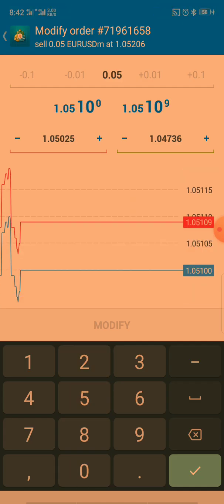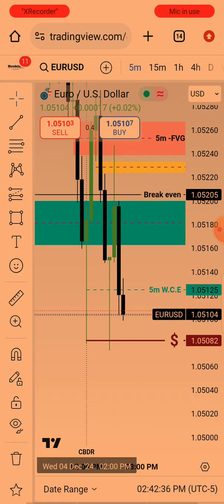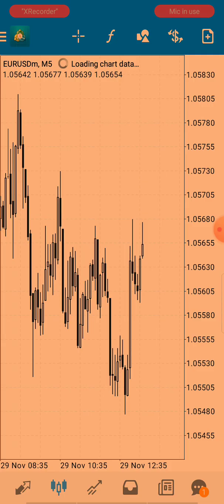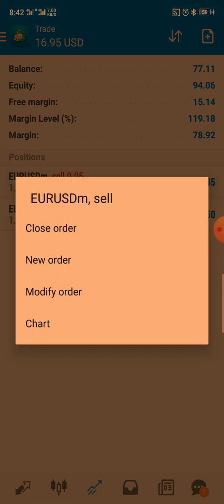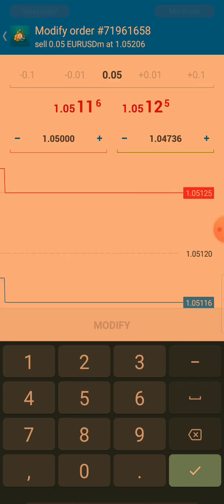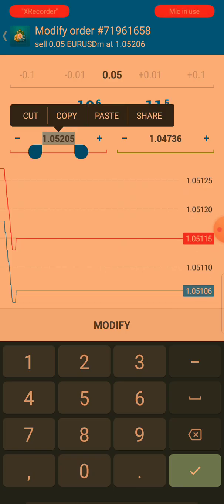Why is it not showing? Is that not its stop loss? Okay, 1.05205. Okay. Yeah, copy it, because I'll apply it to the other position too.